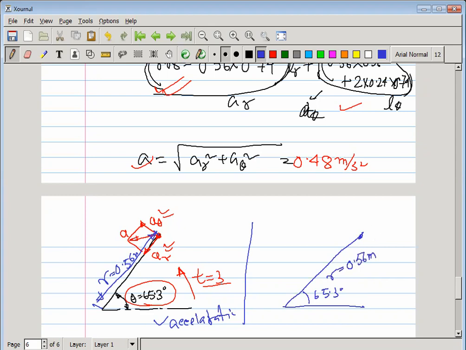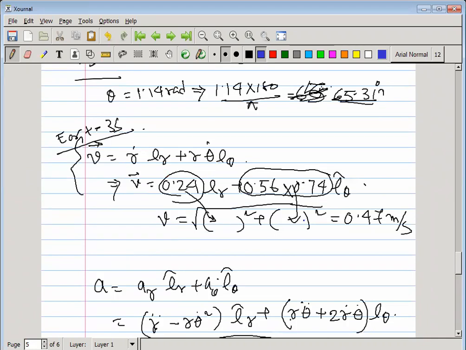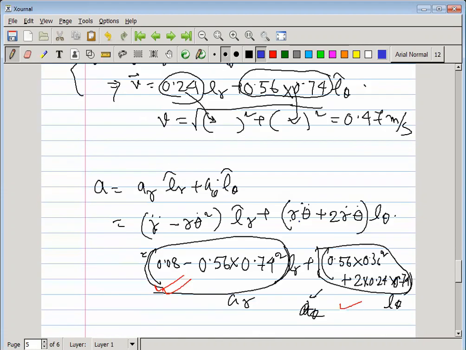Now here two things are there. One is v r and one is v theta. One is the radial component, one is the transverse component. And v r, you have already found, is 0.24, and v theta is 0.56 into 0.74.